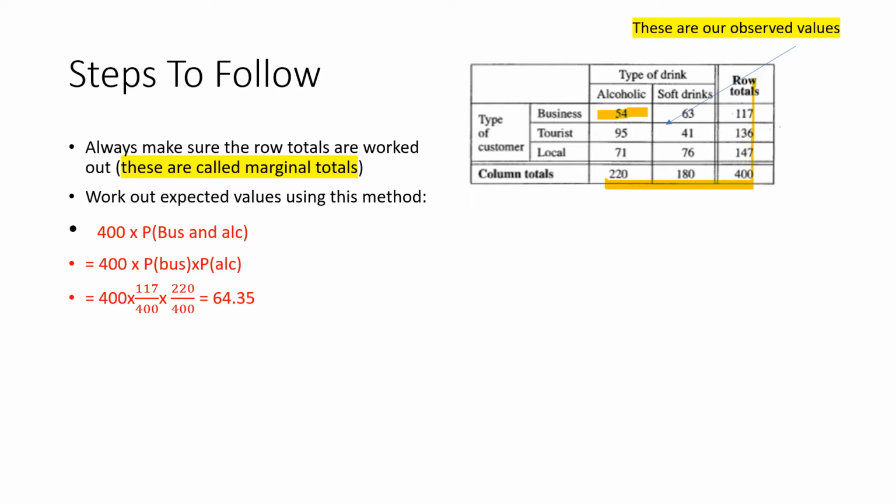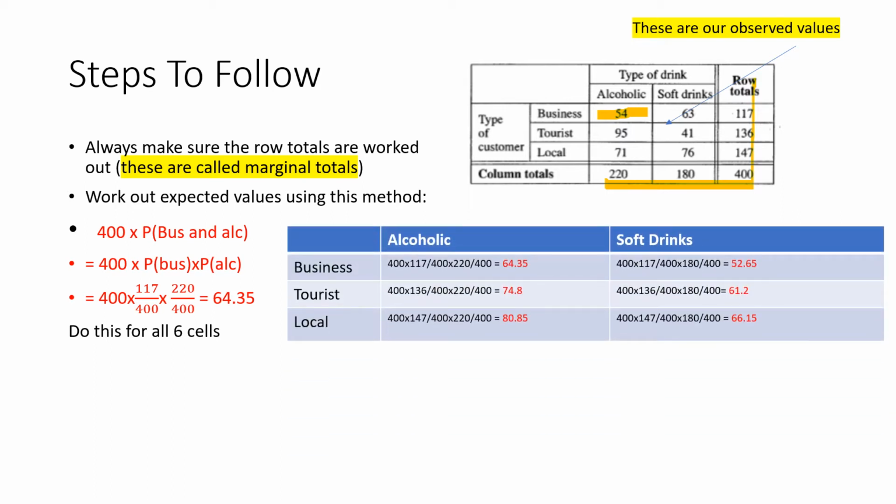So straight away I can see quite a few more were expected than were actually observed. And you do that for each of the 6 cells. So you'd have the probability of being a businessman, 117 over 400, times the probability of having a soft drink, 180 over 400. And here we go.